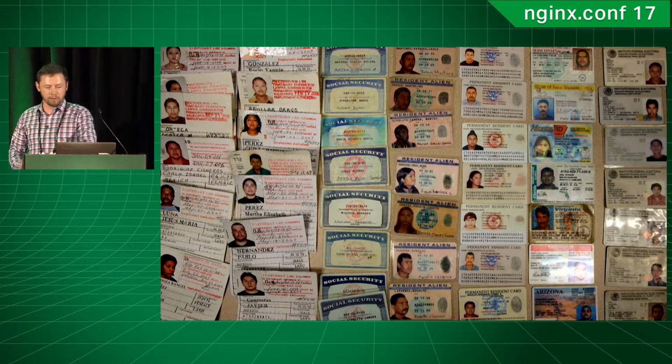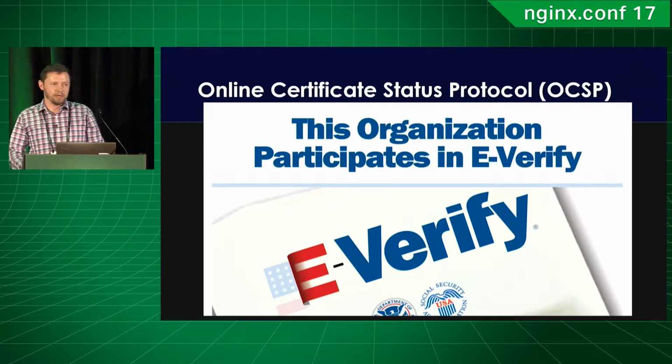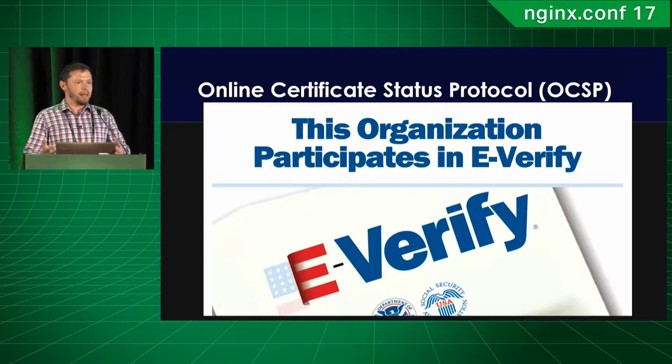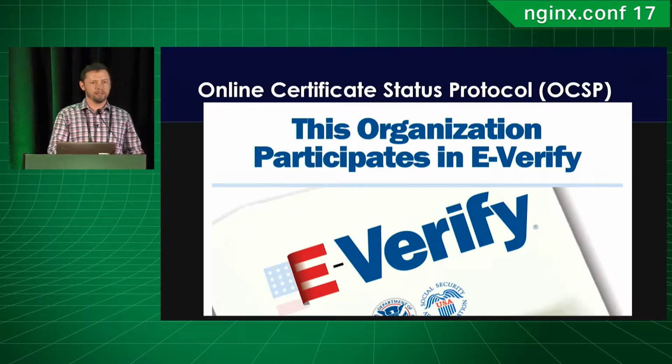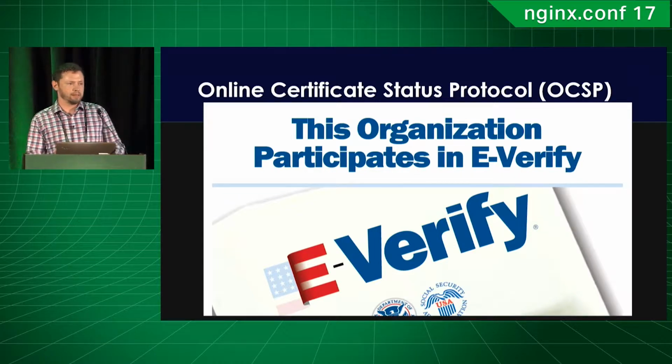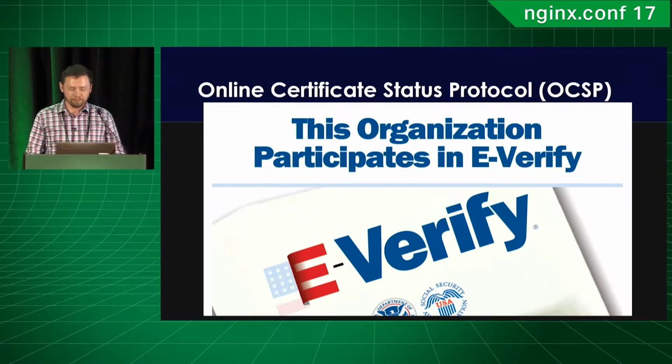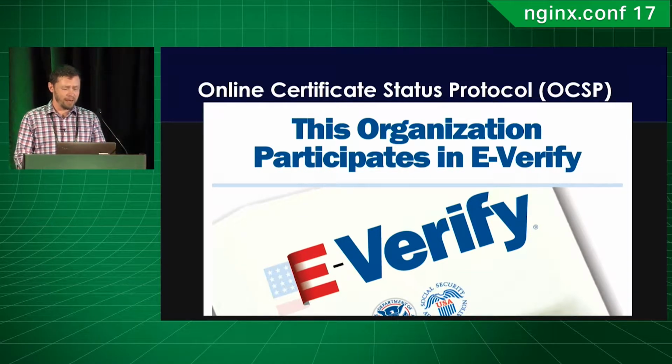So in the case of a job in the US, there is a government system that lets you as an employer check the validity of the license or the social security number of the person by checking it online, and it's called E-Verify.